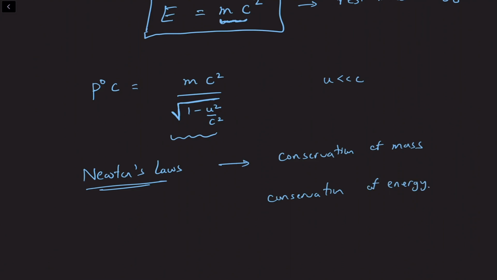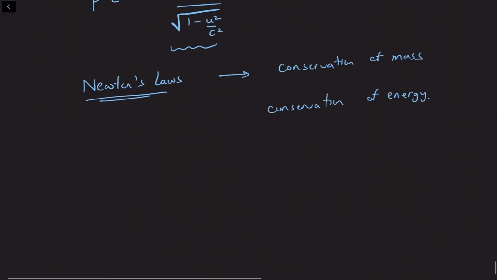Now we find in special relativity, the only thing that's conserved is this quantity, P0 times c, in the absence of external forces. And this quantity is what we call energy or mass energy. It's a combination of mass energy and kinetic energy. And so there's only one rule.